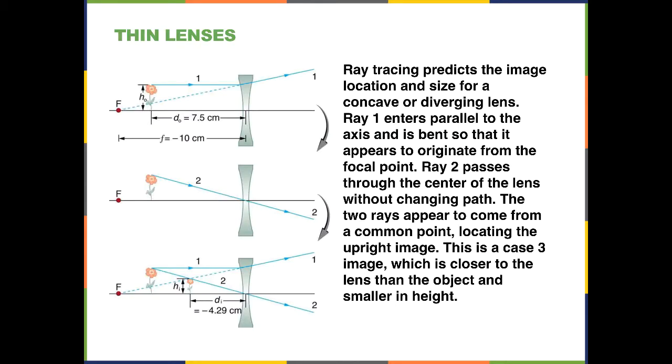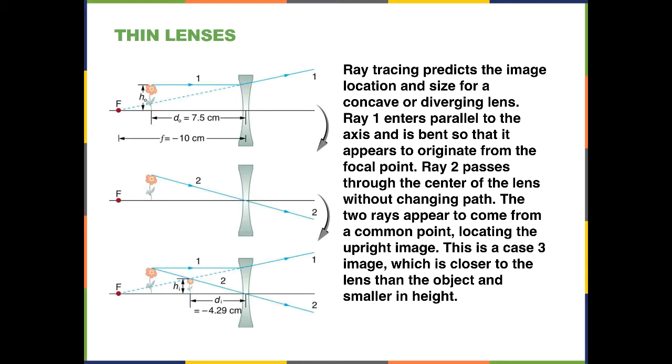Now here's a situation with the diverging lens. What you can see is when you draw your principal rays, in this case the flower is the object, you draw your first principal ray, the second principal ray, and a third, though the third doesn't help you very much.